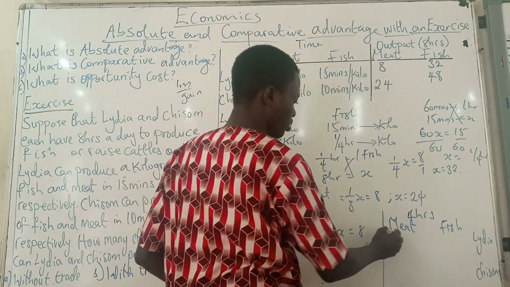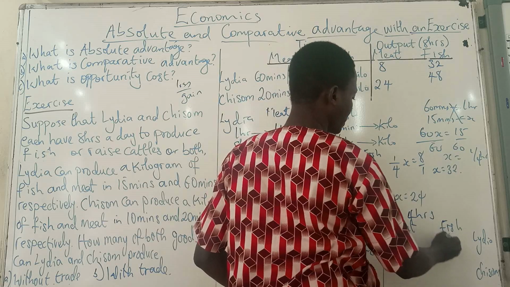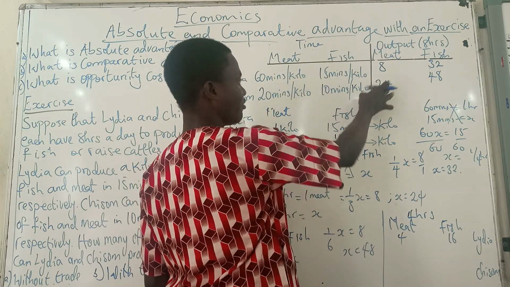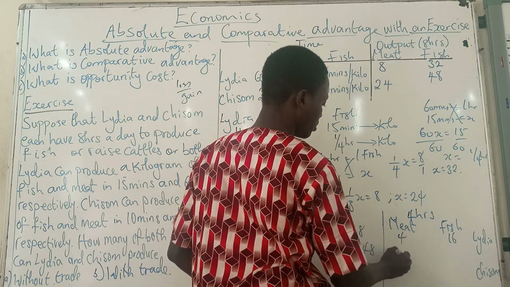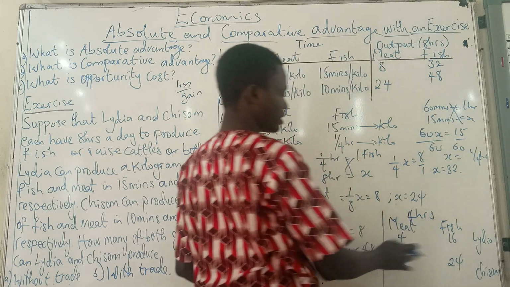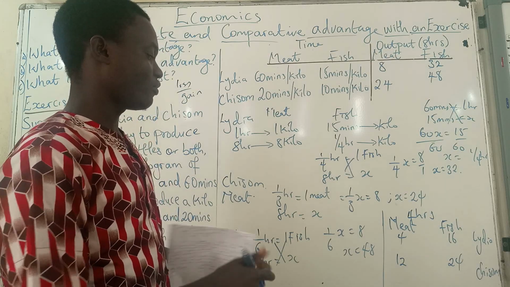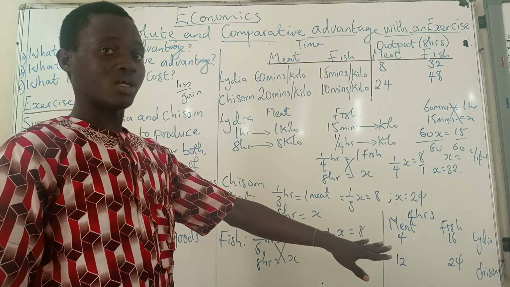So this would have been 4 kilo of meat, and this would have been 32 divided by 2, that means 16 kilo of fish. Then 24 here: Chisom is spending 4 hours on this now, which is 12 kilo of meat, and then 24 kilo of fish. So in this particular case, spending 4 hours on the production of each of the products is going to make them consume both products.